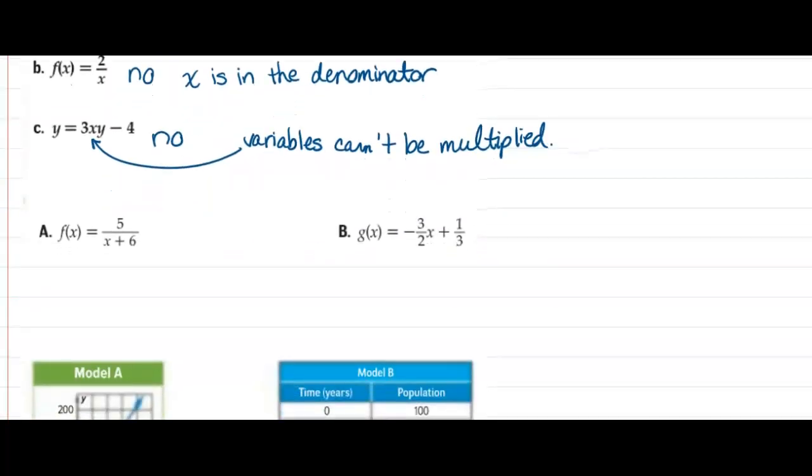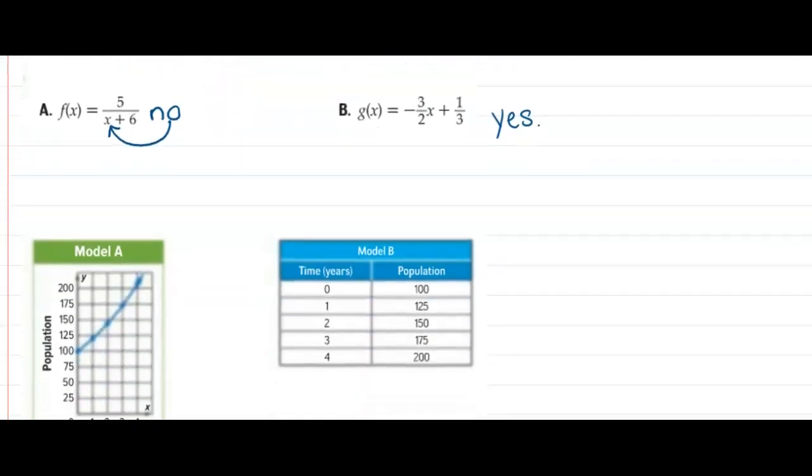All right, how about this one? No. X cannot be in the denominator. In this last example, yes, it satisfies all of our requirements. This would be y equals mx plus b, where b is 1/3 and m is negative 3/2.